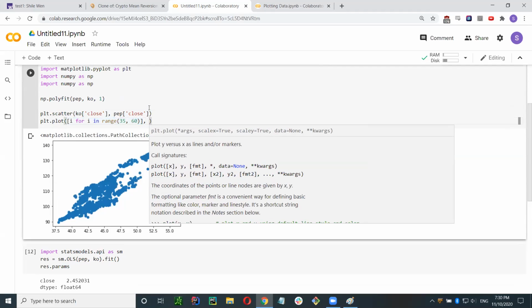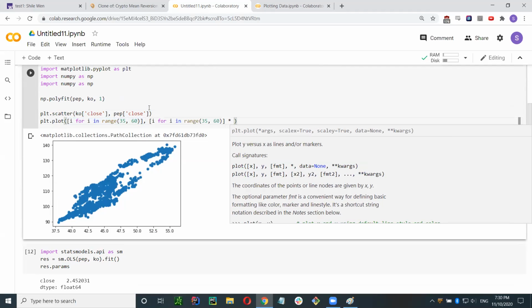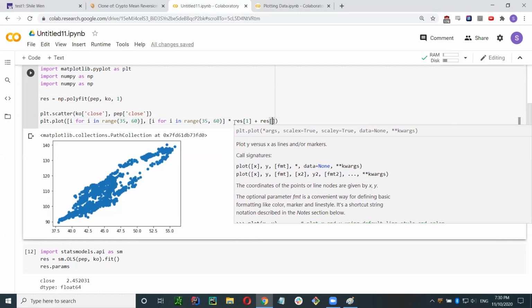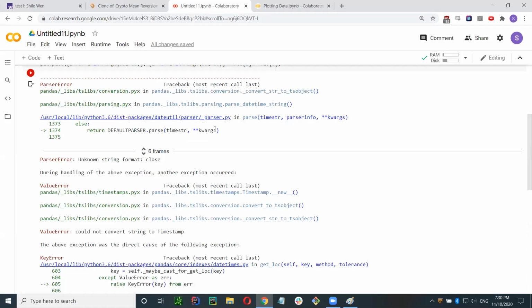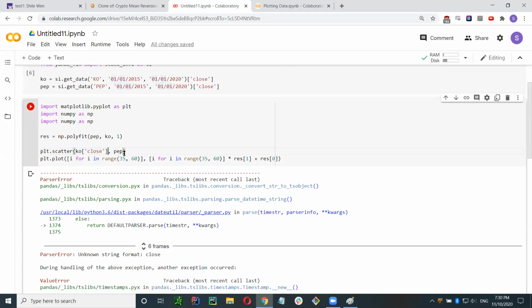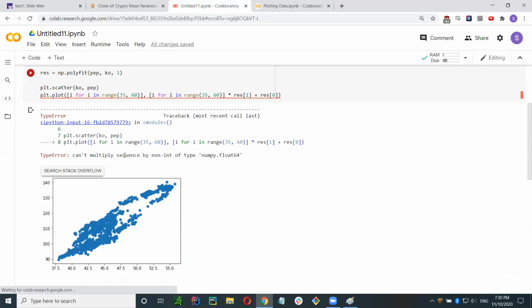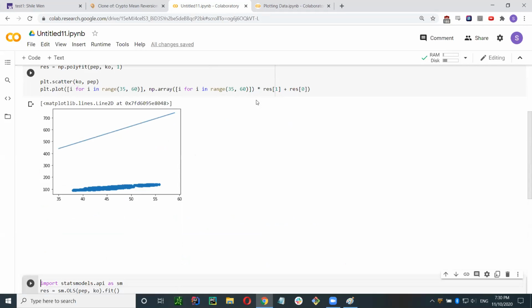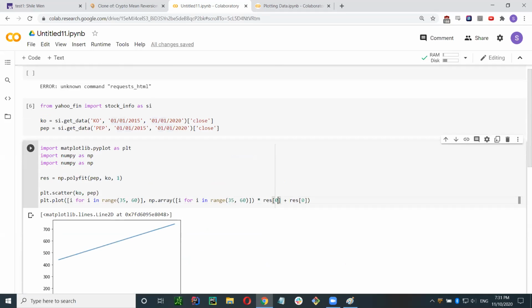And then times... Okay, so the first is the res equals, okay, so res[1] plus res[0]. Okay. Oh shoot. Okay. Run. I'm doing something.